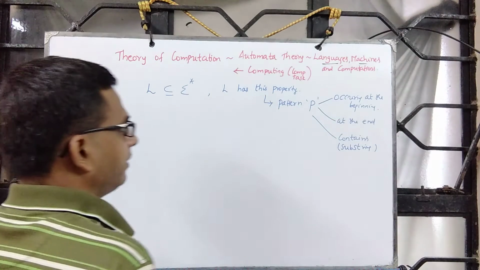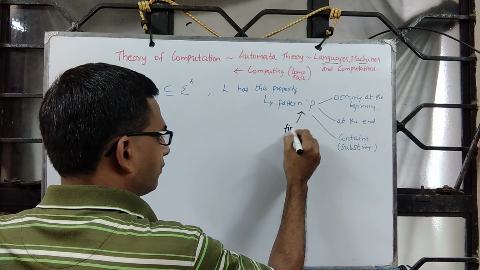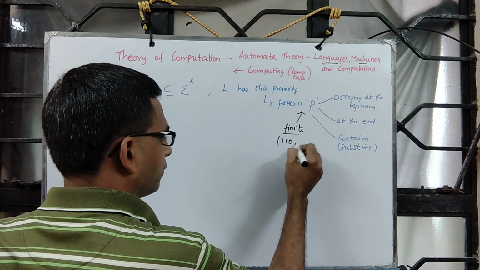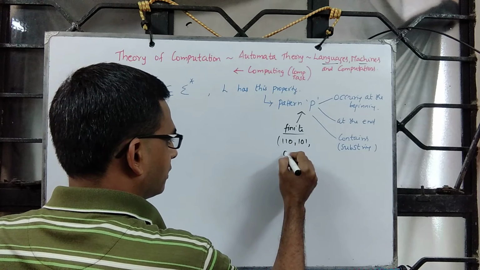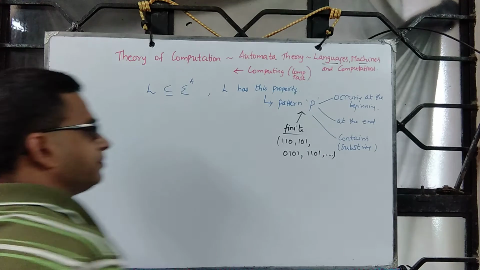Most importantly, the pattern P is finite. Something like 110, 101, 0101, 1101, something like this.